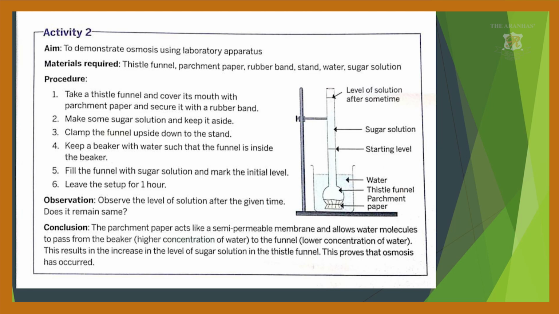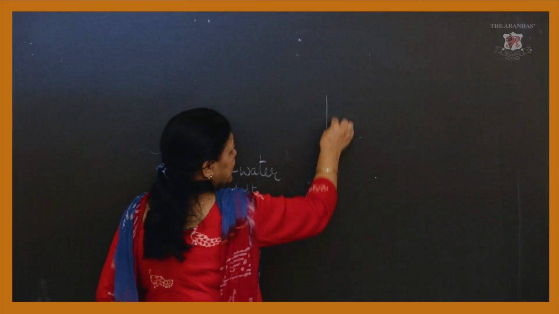So look at the things required here. We are demonstrating osmosis using laboratory apparatus. What are the things required? Thistle funnel. A thistle funnel is a type of glass tube of this shape.